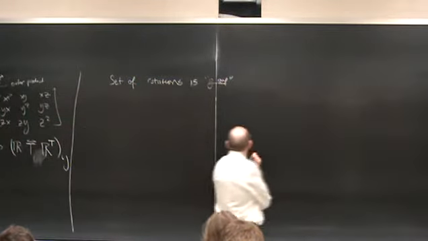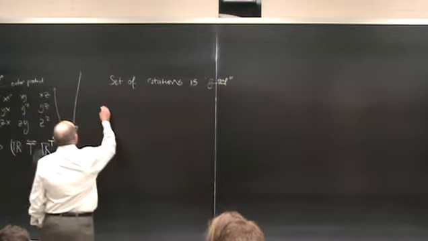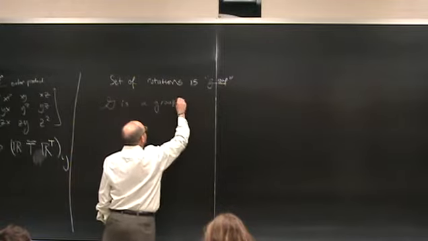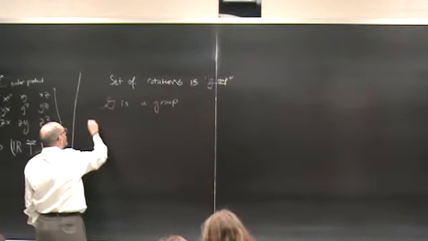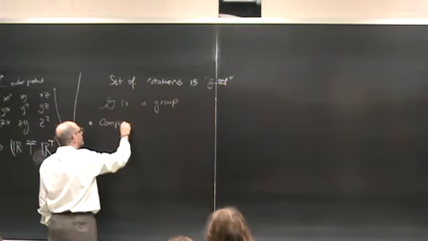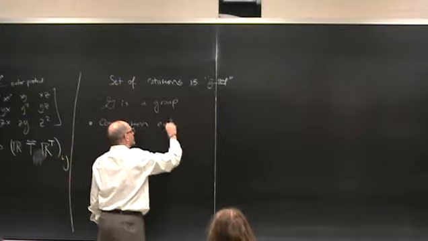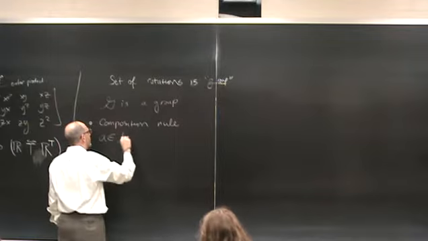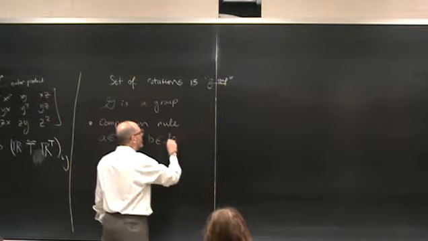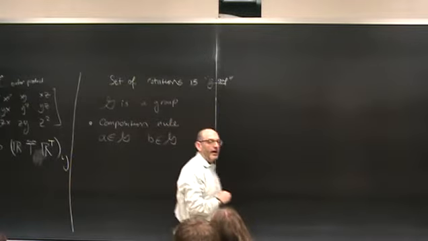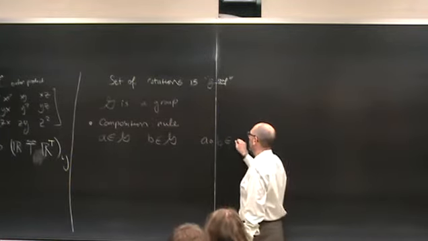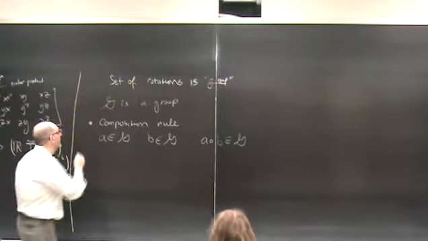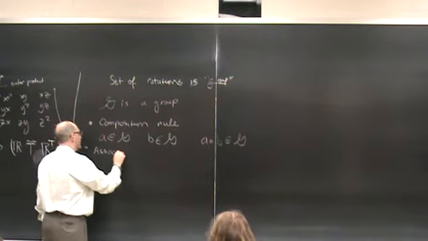Okay, so let's just remind ourselves quickly about groups. So G is a group, and it has the following properties. We have a composition rule. That is to say, there exists an operation such that for two elements of the group, we can compose them in some way with some effective composition that's inside the group. That's what makes it more than just a set, it has this composition rule. It's associative.